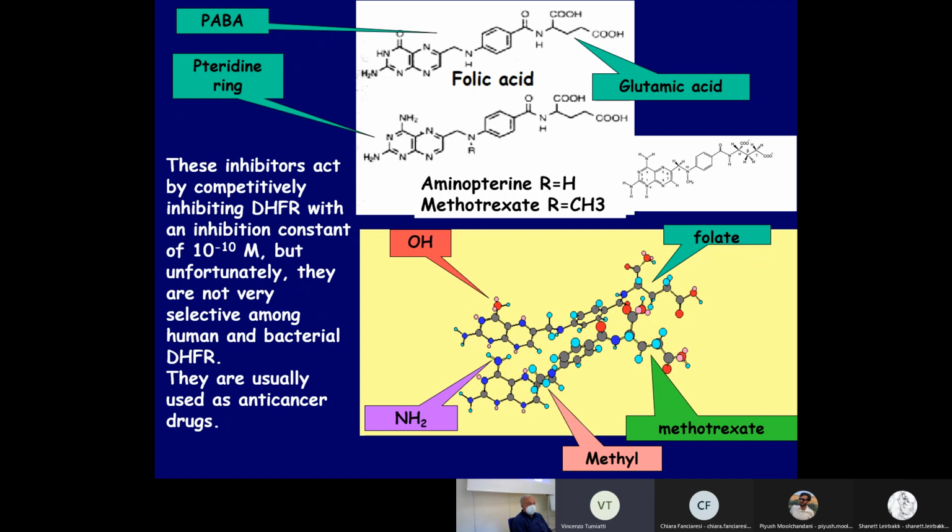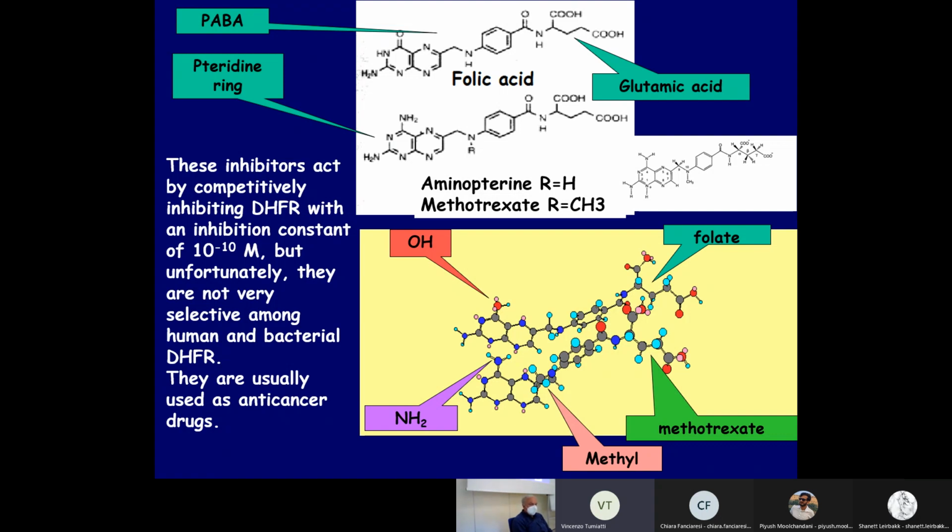And so some years ago, they discovered this potent inhibitor of the dihydrofolate reductase. But this compound is very potent, but not selective.